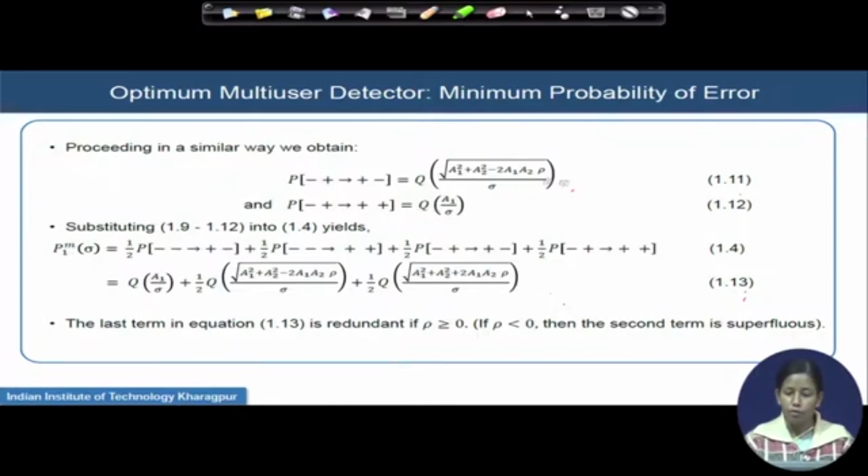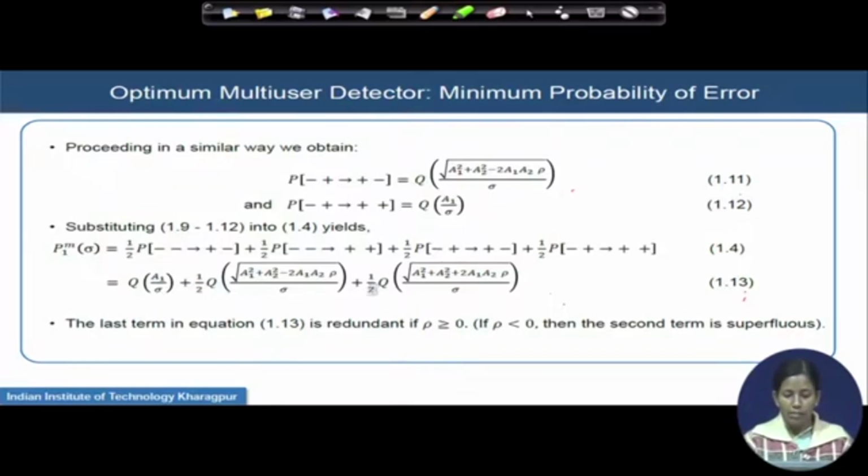So if I substitute all these values in the fundamental expression for the probability of error, we end up with equation 1.13, where two times we got this Q function of A1 by sigma. That is why that term is Q of A1 by sigma, and the other terms remain with the corresponding multiplication of half.